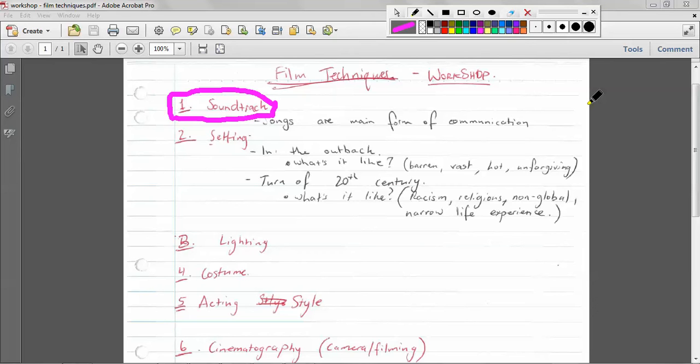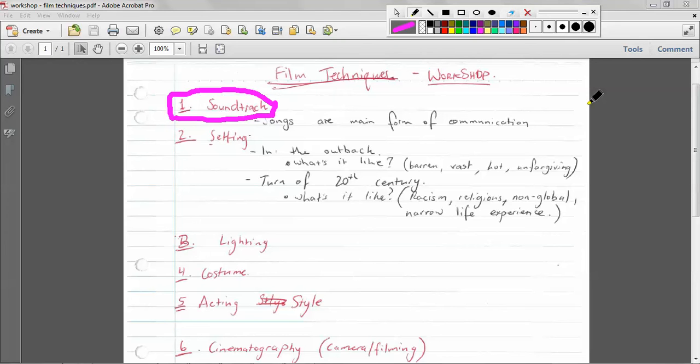It can be stuff like slamming doors and noises of the wilderness, and it can also be the kind of haunting background music that goes on when stuff's happening. And as you may notice in that film, the background music is often repeated.